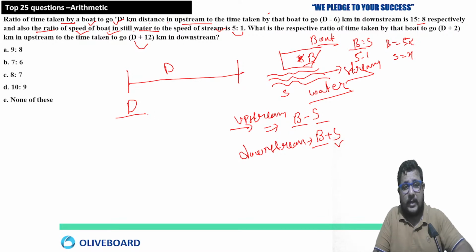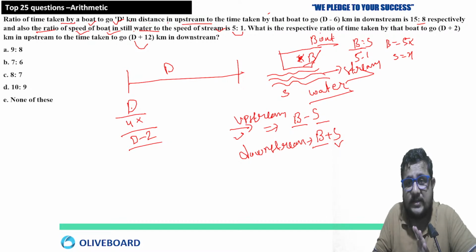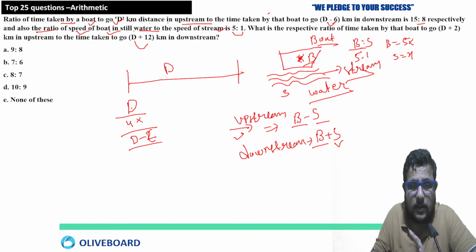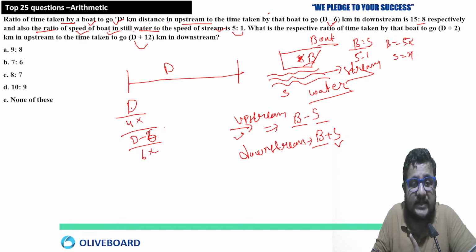So in upstream, d distance and upstream speed is b minus s. 5x minus x means 4x upon d minus 2, right? The distance, d minus not 2, 6, sorry. d minus 6 by what? The downstream, so b plus s, 5x plus x means 6x, equal to 15 by 8. This is what is given here.